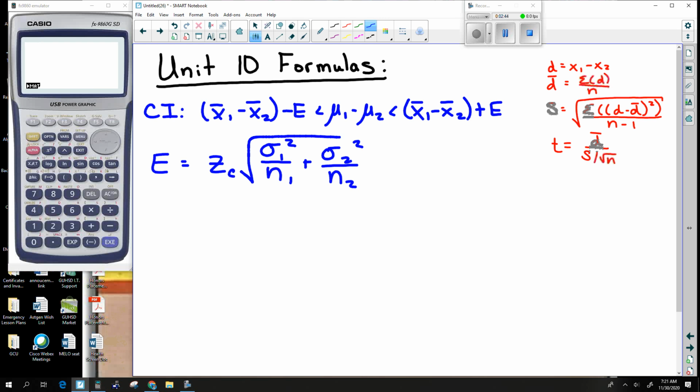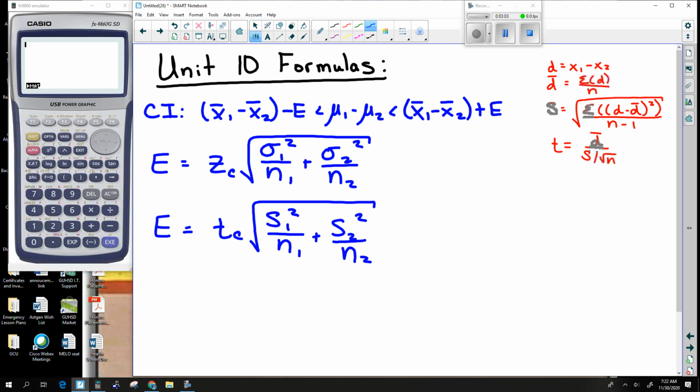And the one where you have s's is going to be a t sub c times the square root of s1 squared divided by n1 plus s2 squared divided by n2. Those will get you confidence intervals in those situations.